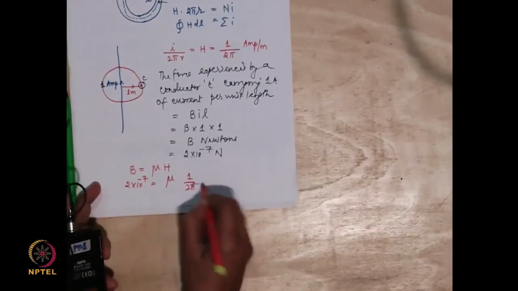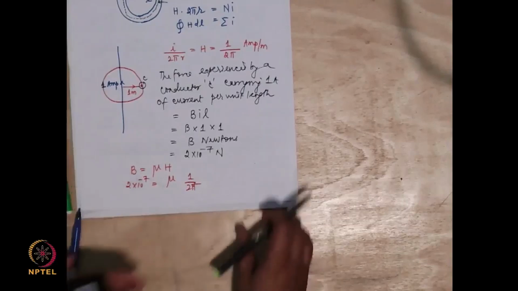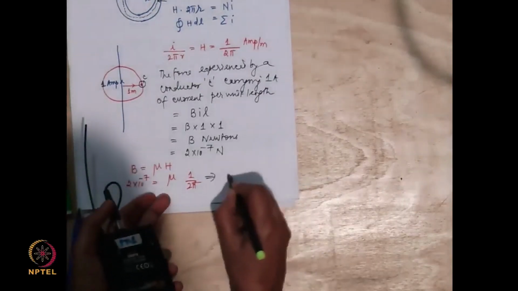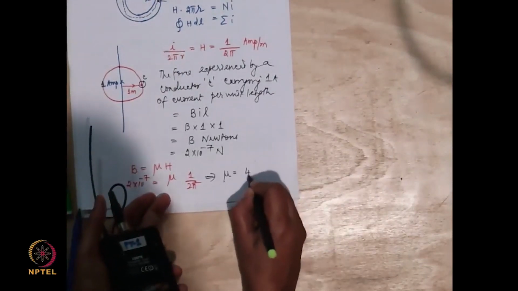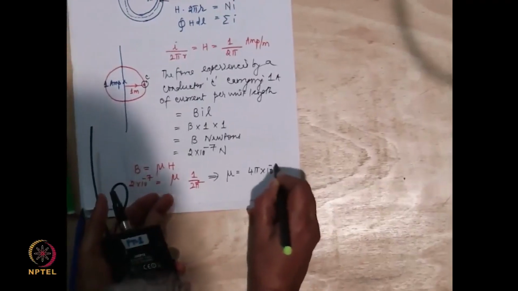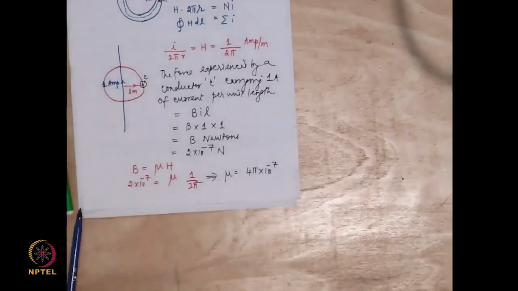I am just substituting the values what we got, from which I should be able to say mu equal to 4 pi into 10 power minus 7. We will have to come up with the units for this. Let us try to take a look at what the units are.